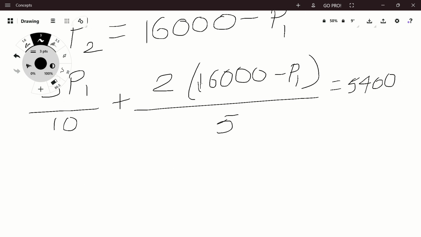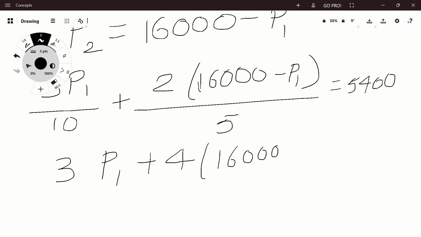Now, solving this entire equation, we get 3P1 plus 4 into (1600 minus P1) is equal to 5400.